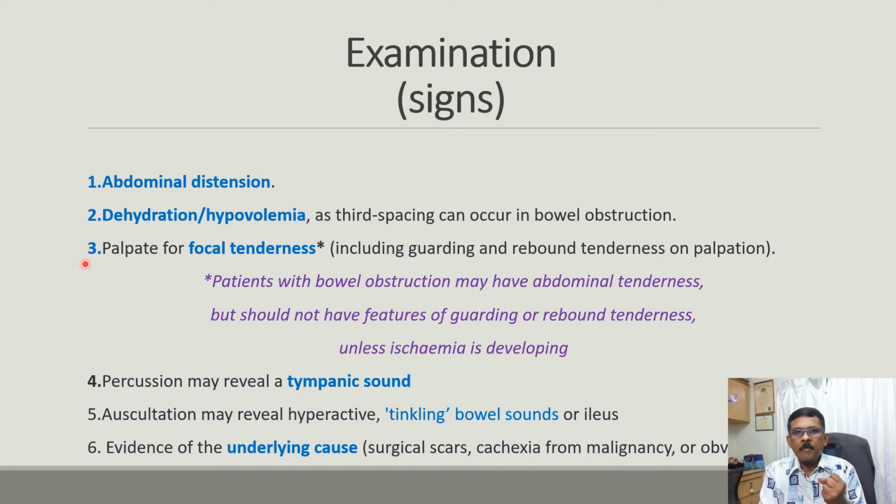But features of guarding and rebound tenderness are uncommon, and these are more indicative of ischemia developing in the obstructed segment. So these are very, very important signs that you must look for in a patient with intestinal obstruction.